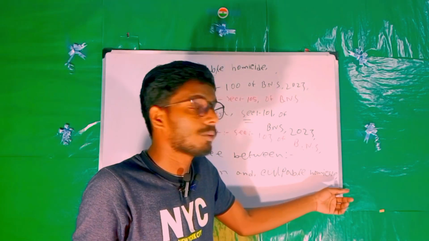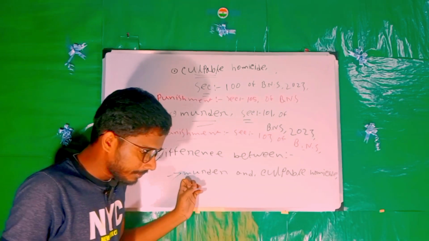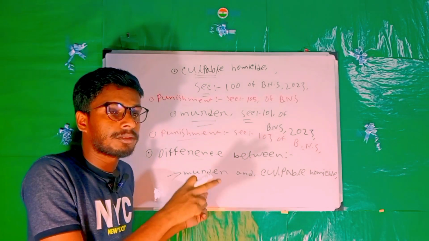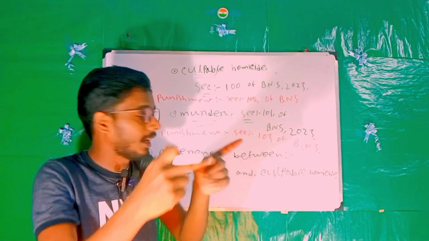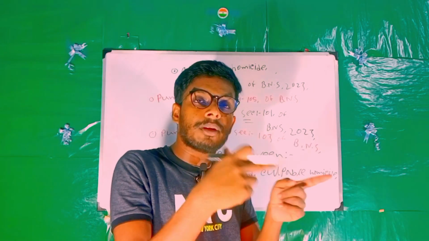In murder, probability causes death, and in culpable homicide, the probability may or may not cause death.